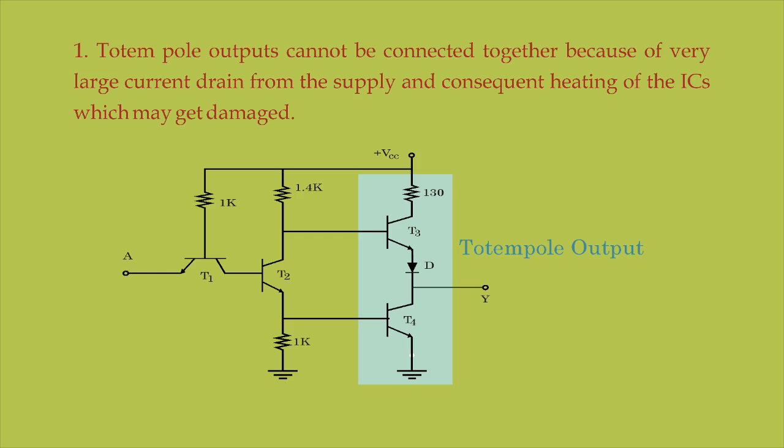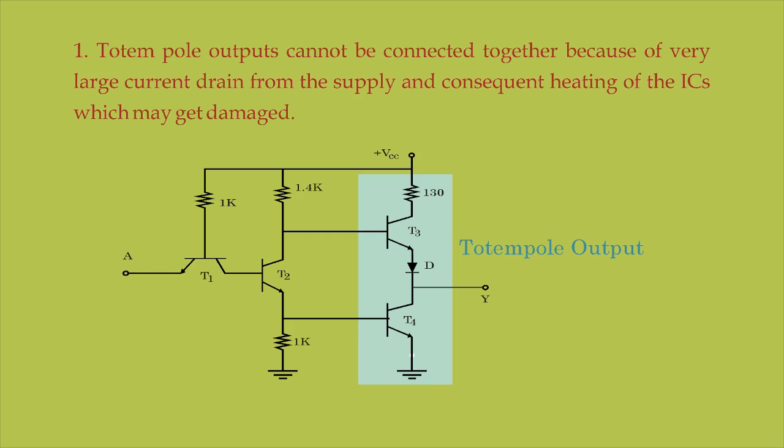So when these gates have a high output and the outputs are connected together at the bus, there will be a large current drain from the power supply. If the current is large, the gates will get heated, and the consequent heating of the ICs may damage them.